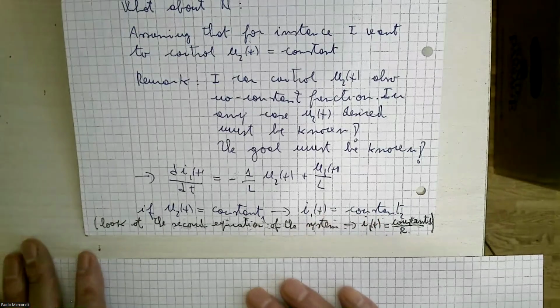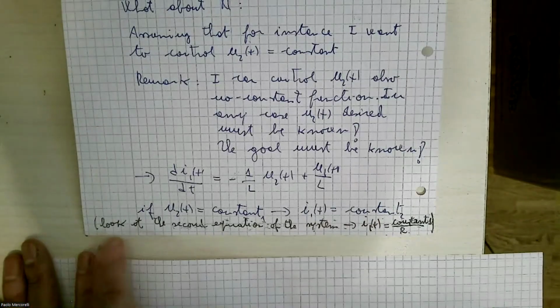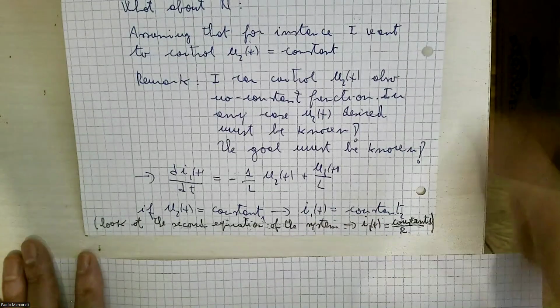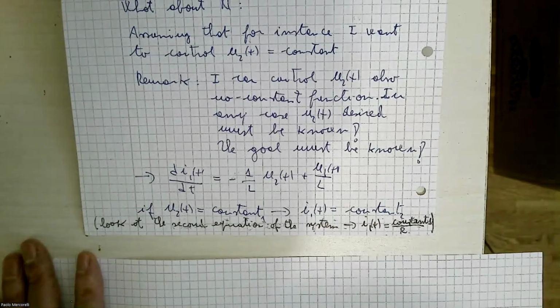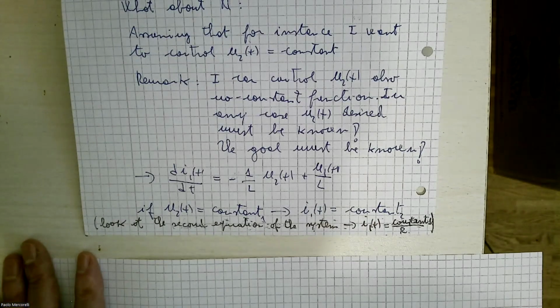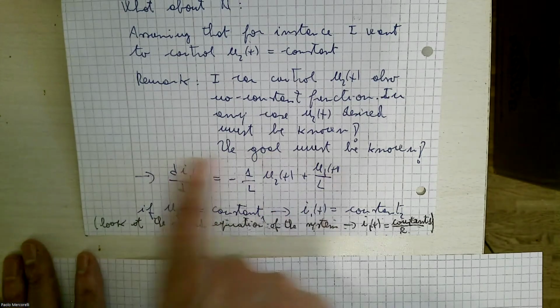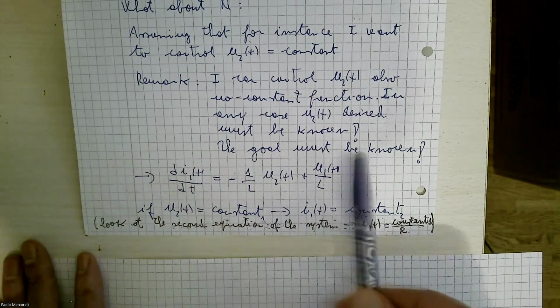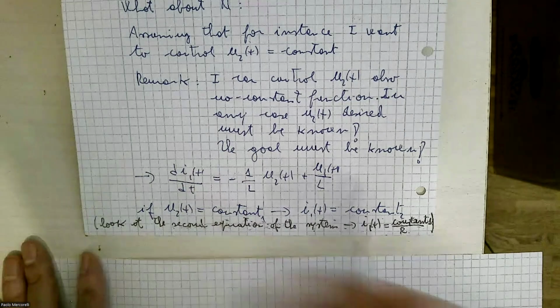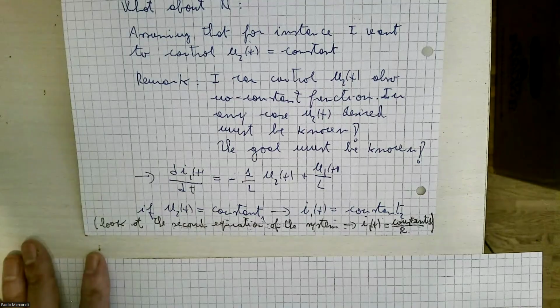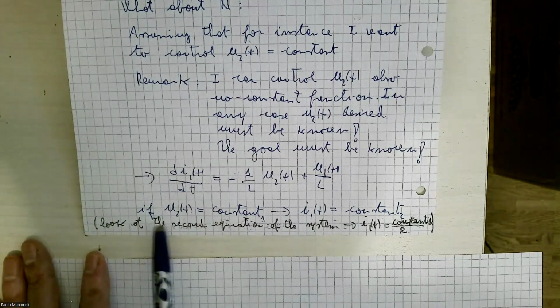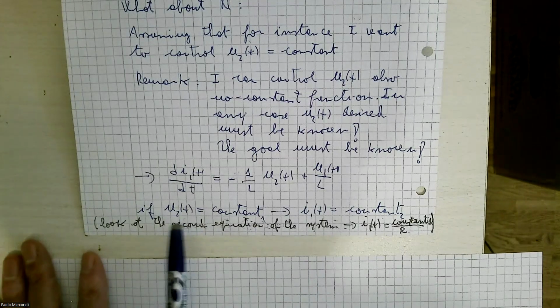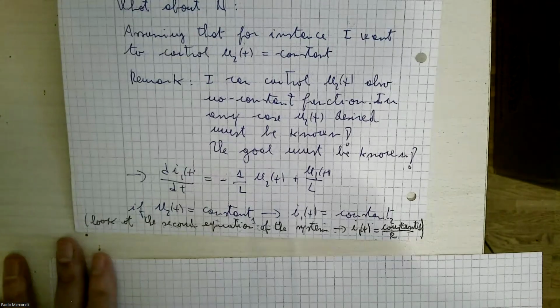And looking now at the second equation, as is written here very quickly, let me show you this concept. The second equation is basically written here again. If U2 is known, assume it is a constant.